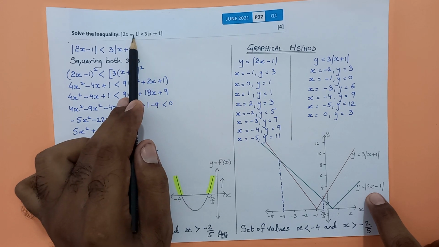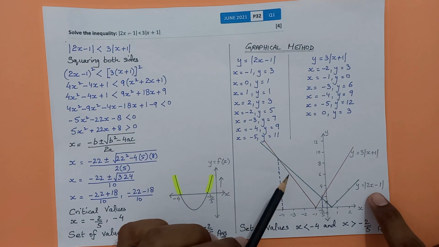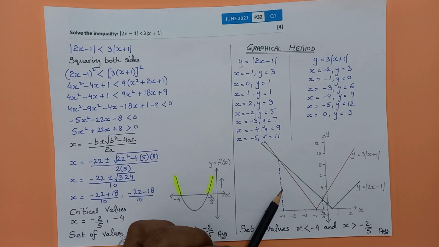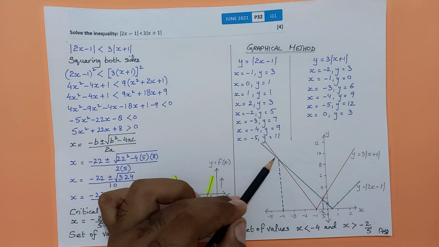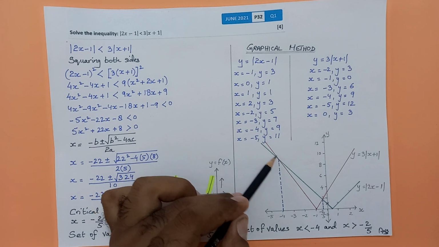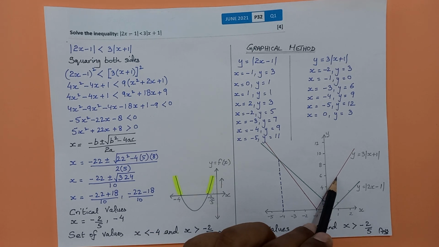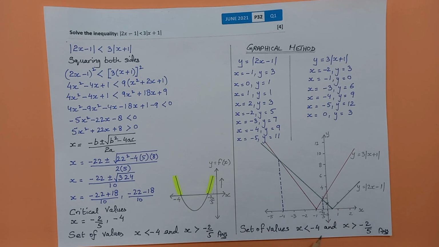That means where the red is above green, that is the set of values we want. Over here the red is above the green, so all the values less than minus 4 are in the set. Over here again the red is above the green, so all the values greater than minus 2 upon 5 are in the set for the given equations.